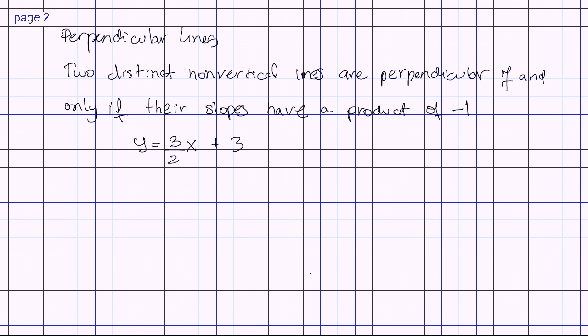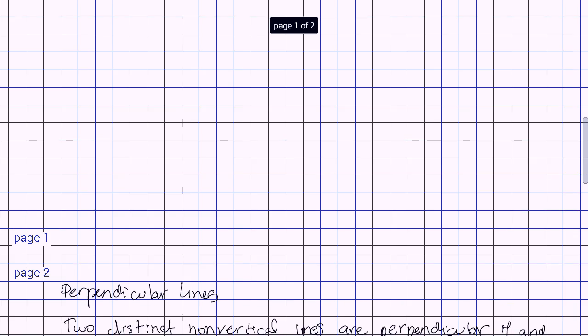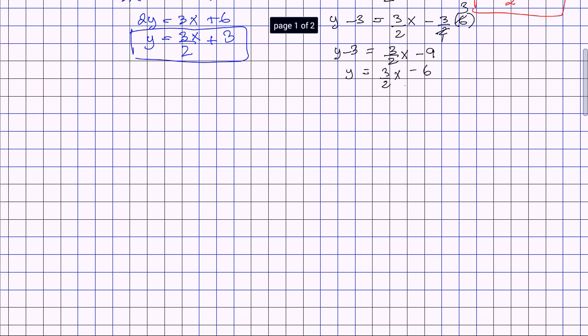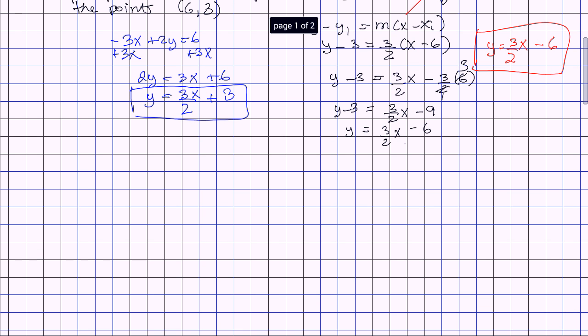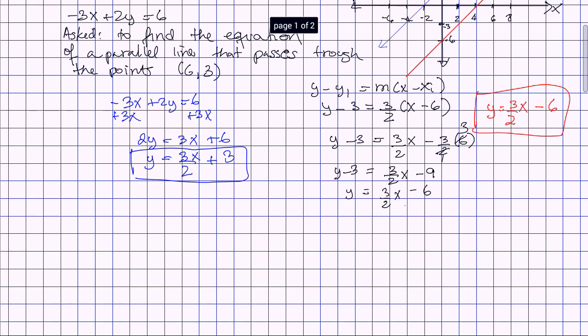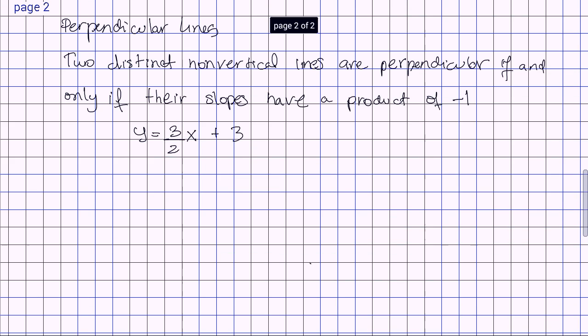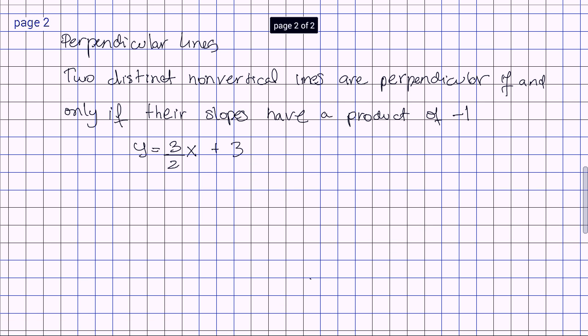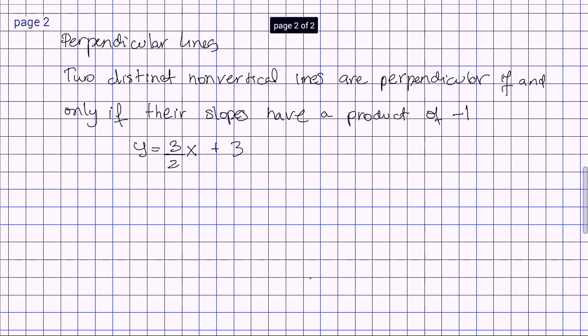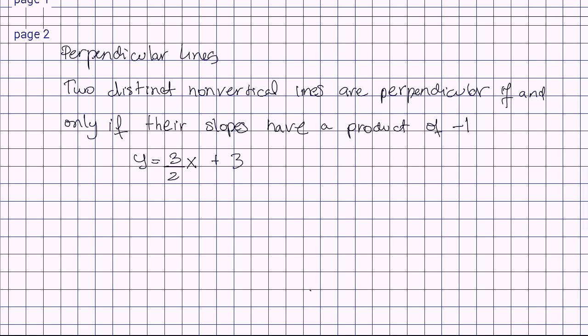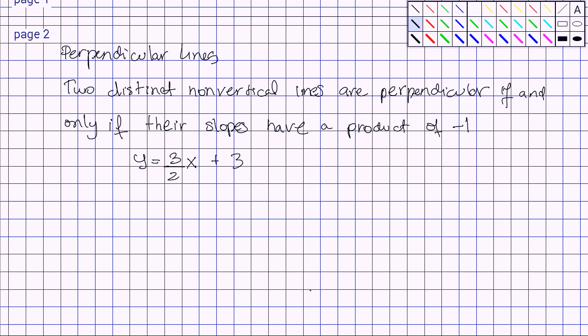Let me just remember what point I chose. The previous point that I chose was (6, 3). So now we want a line that is perpendicular and passes through the point with 6 for the x and 3 for the y.